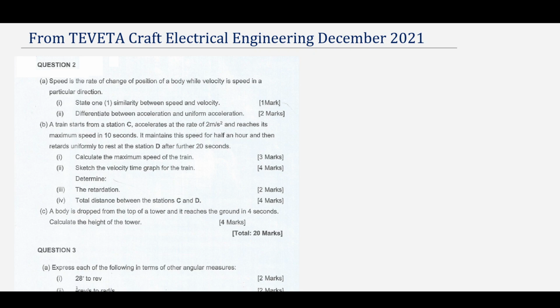So we continue with our revision. In this video we're going to start with question 2 part B, the calculation part. So part B reads, a train starts from a station C. Okay, so it starts from a station C, meaning our initial velocity is 0.